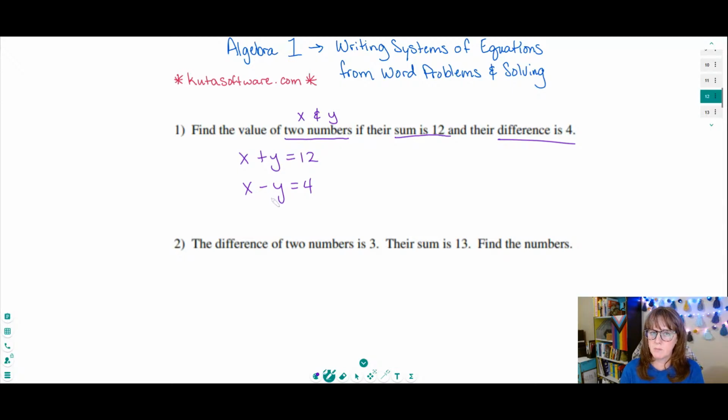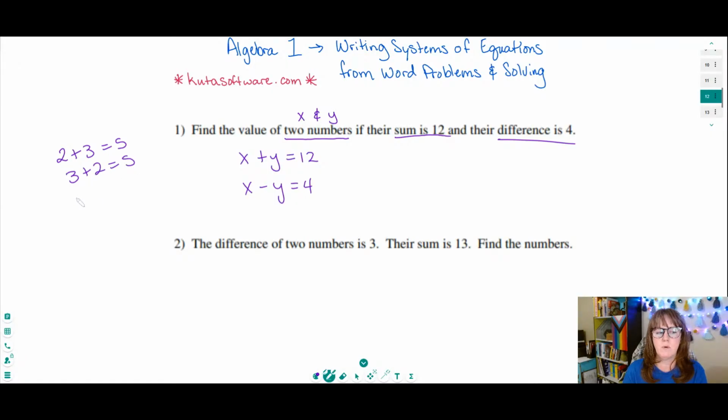Now, with subtraction problems, a lot of students get freaked out a little bit because we know that you can't just interchange numbers for subtraction like you can with addition, right? For example, 2 plus 3 equals 5 and 3 plus 2.